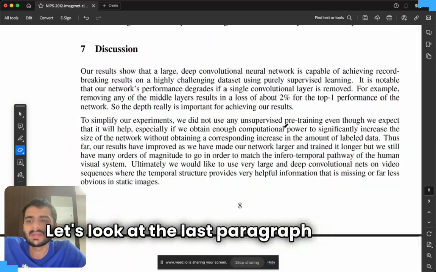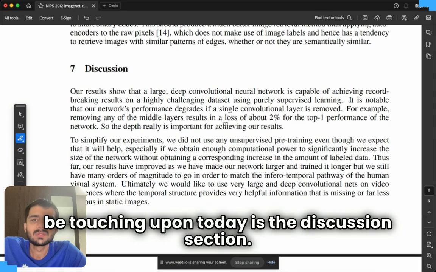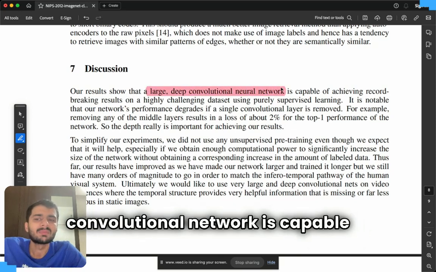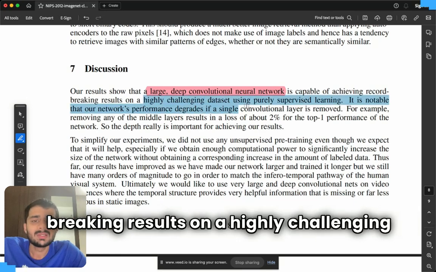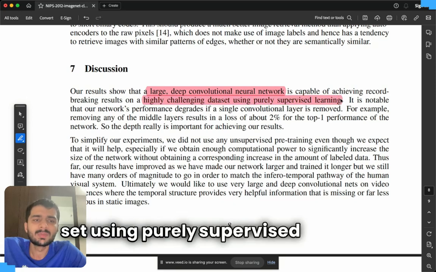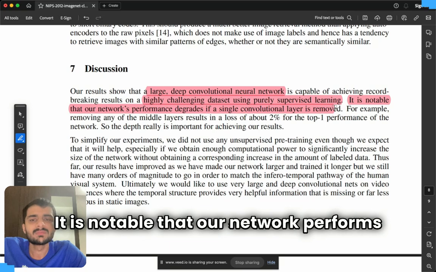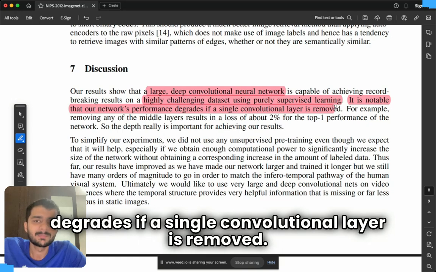Let's look at the last paragraph that we'll be touching upon today, the discussion section. Our results show that a large deep convolutional network is capable of achieving record breaking results on a highly challenging dataset using purely supervised learning. It is notable that our network performance degrades if a single convolutional layer is removed.